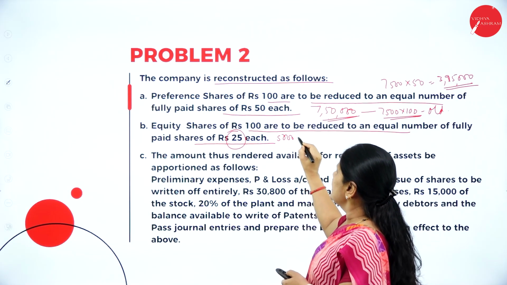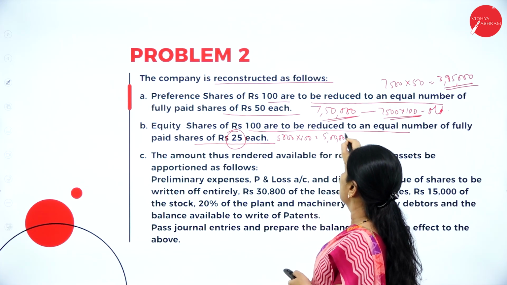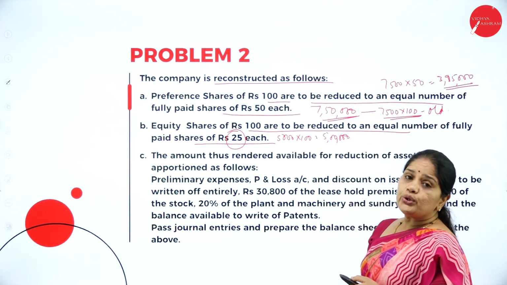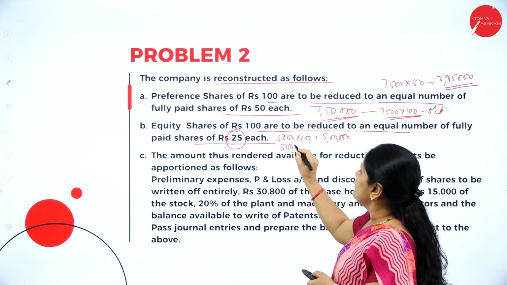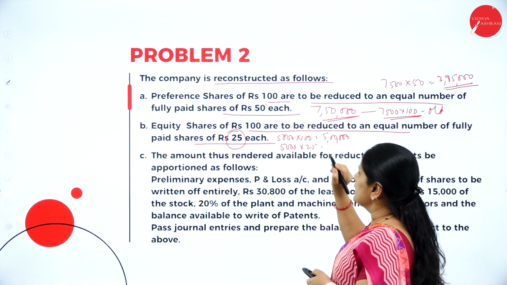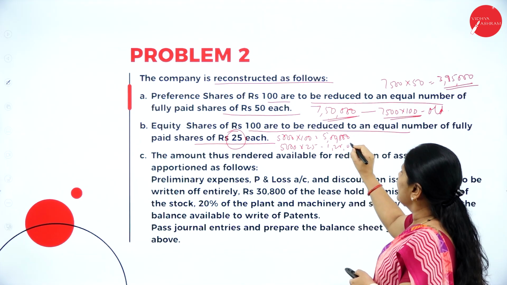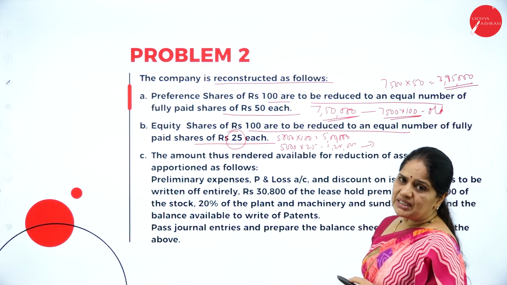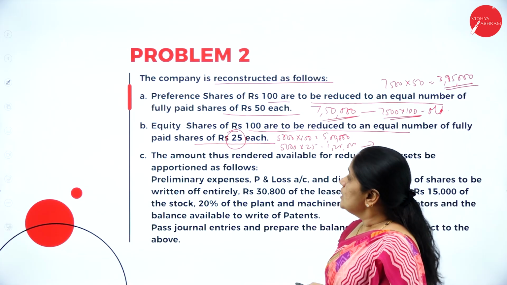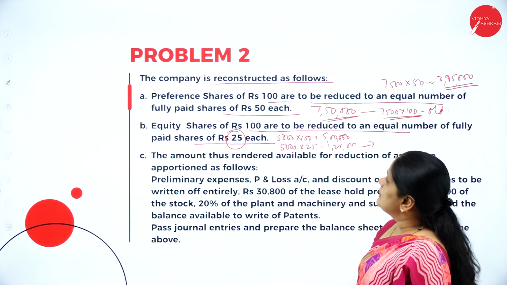So 5,000 into 100 is the old share capital of 5 lakhs. Now you are reducing it to 5,000 into 25, that is rupees 25 each. So that comes up to 1,25,000. The difference amount goes to the capital reduction account. Whenever a problem like this comes, you have to analyze it in this way.